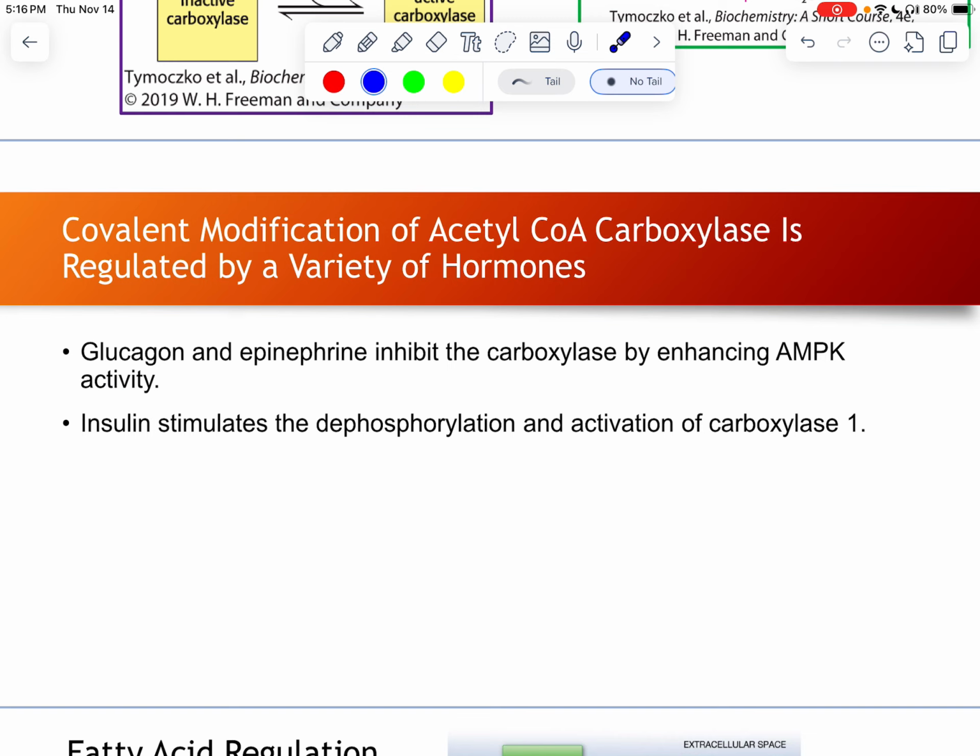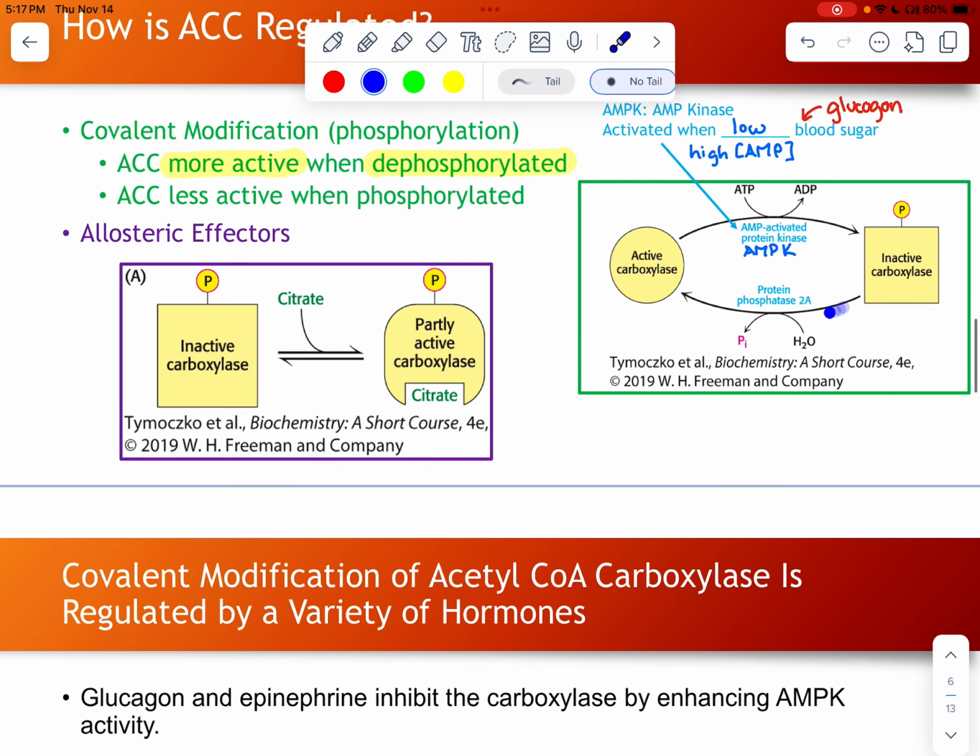On the other hand, insulin, which is a signal that we've got high blood glucose, right? Well, if we've got a lot of glucose, we could use some of this and go to our acetyl-CoA and then start building our fatty acids. So insulin stimulates the dephosphorylation and activation. So insulin would stimulate this process right here.